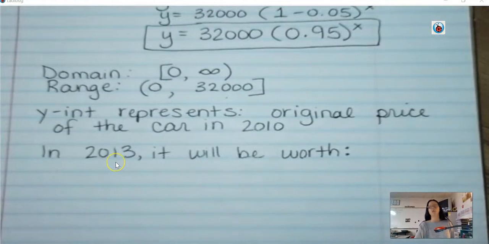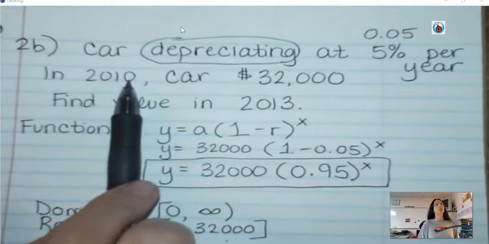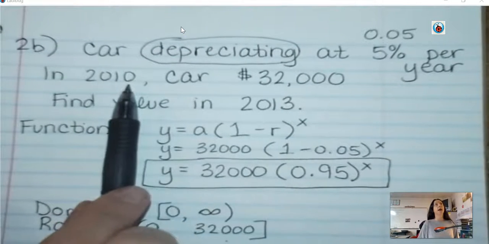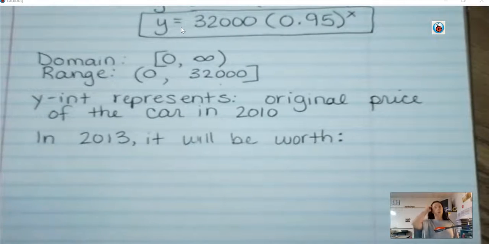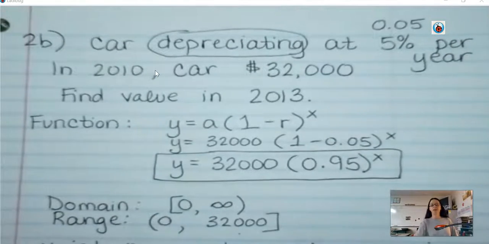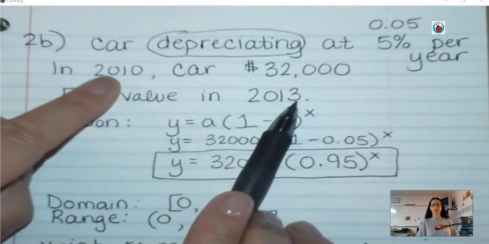Remember, you're not using 2013 as your x because our starting value was in 2010. So first, figure out how many years passed and use that as your x value. And then we're talking about money, so keep that in mind when you write your answer. So 2013, that was 3 years later, right? Because from 2010 to get to 2013, that's 3 years.